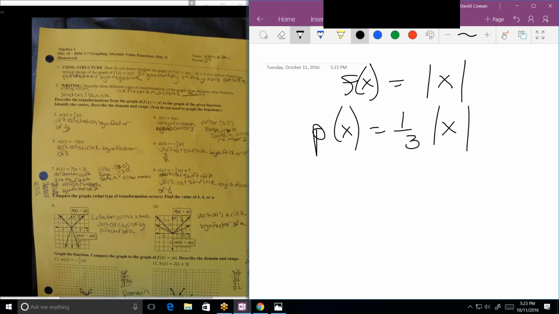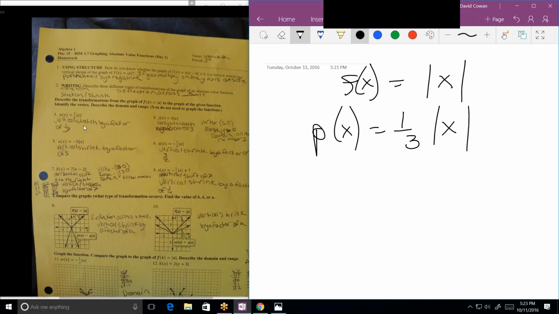Okay, number 5. It is going to be a vertical stretch by a factor of 5. Plus what else is going on there? First of all, your paper says shrink. Yeah, because it would be a stretch. But what's the minus sign mean? You can't stretch something by a factor of -5.